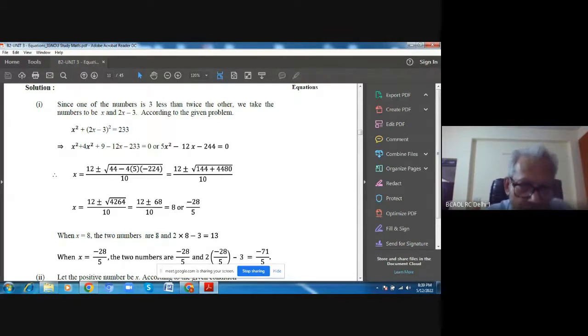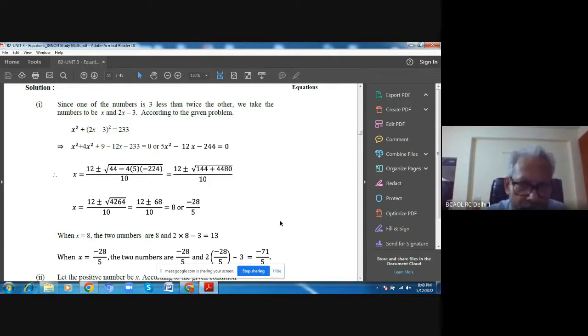So when x is equal to 8, the two numbers are, then you can put the x value here. We know x is equal to minus b by a. In this case, b is minus 28 by a. This is another one.